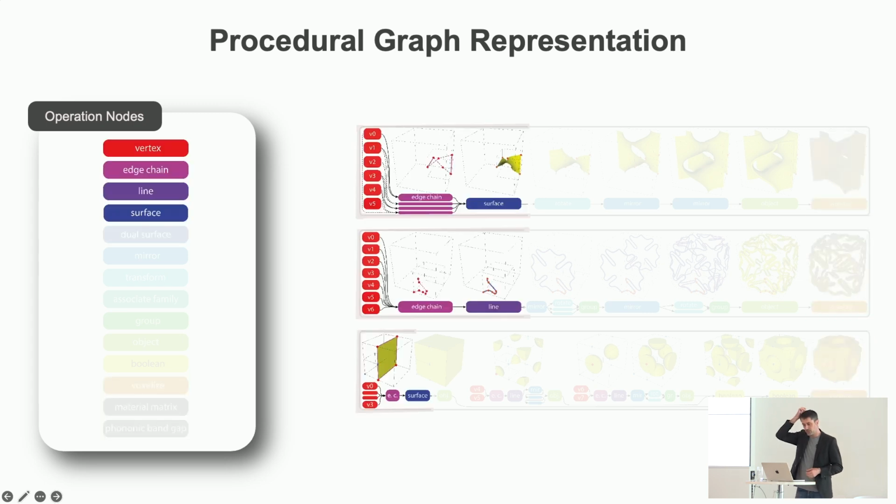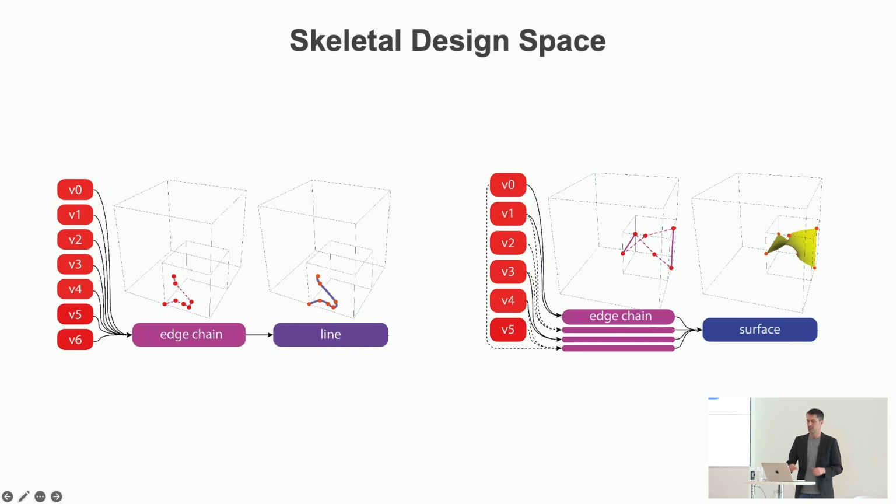But then actually the most critical part of the representation is this skeletal design space, which allows us to build these fundamental skeleton pieces in the first hand. And we do this by instantiating line and surface skeletons over a set of vertices and edges.